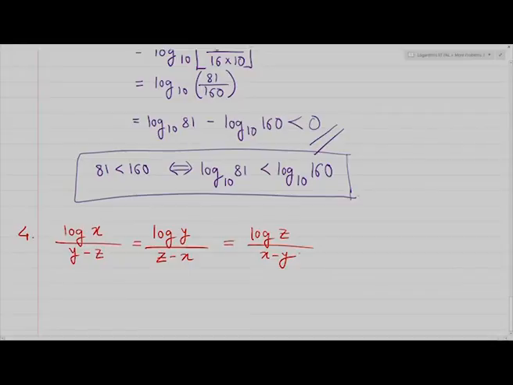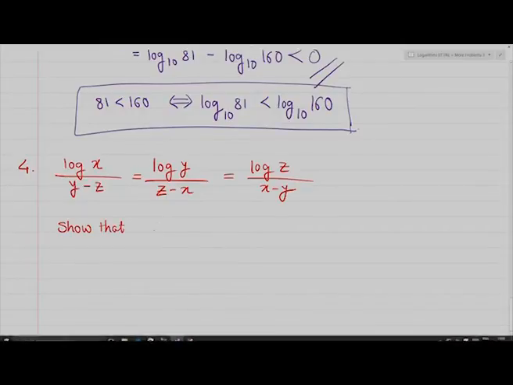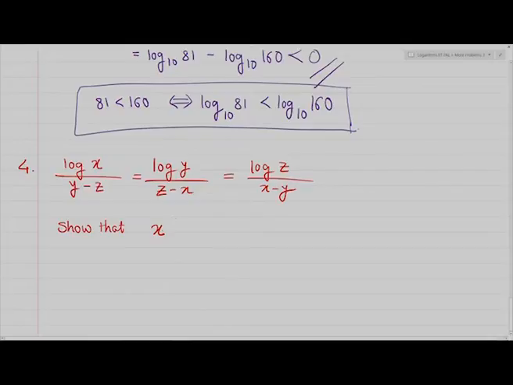This is the relation that it satisfies, and then I have to show that x raised to y plus z, plus y raised to z plus x, plus z raised to x plus y is greater than or equal to 3. Okay.